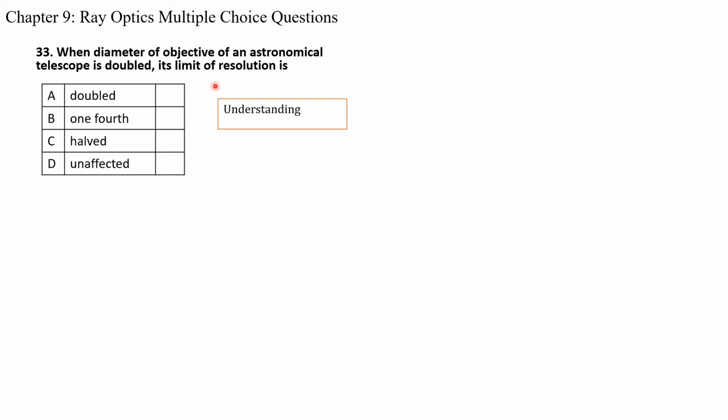So what happens when the objective of the astronomical telescope is doubled? We have to understand and remember, if we increase the objective's diameter, double it, then its limit of resolution is halved. That is the correct answer.